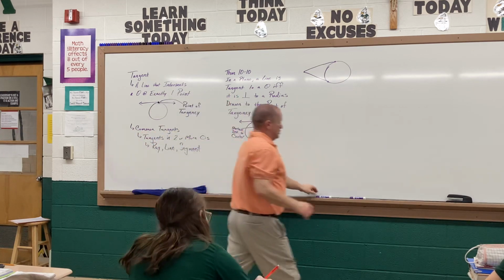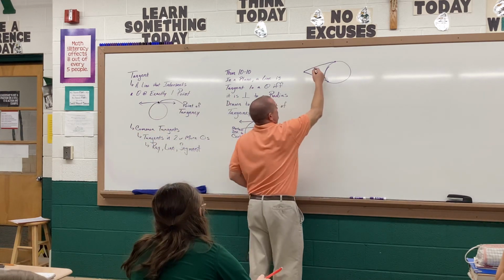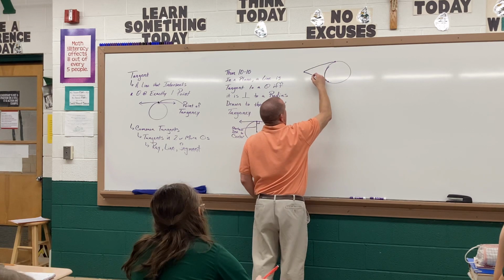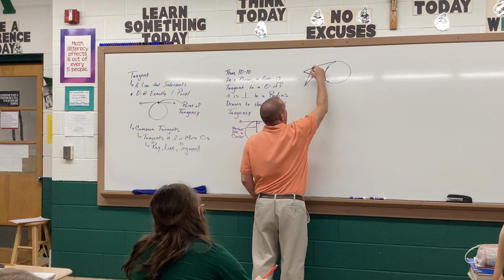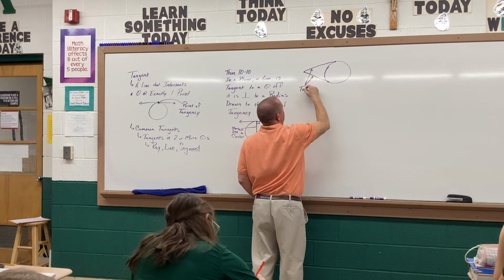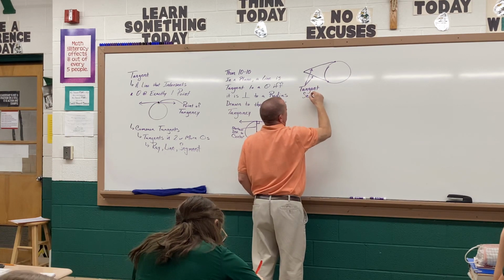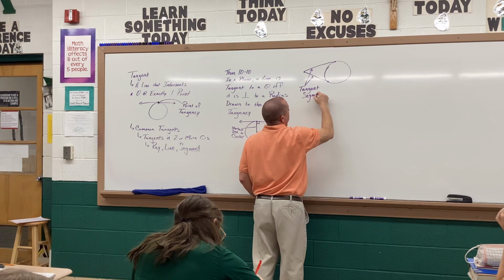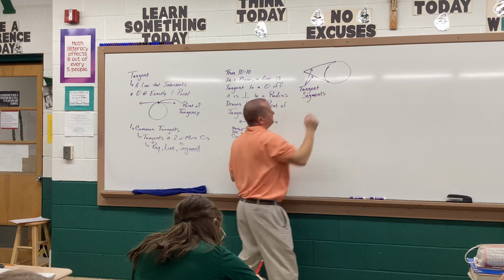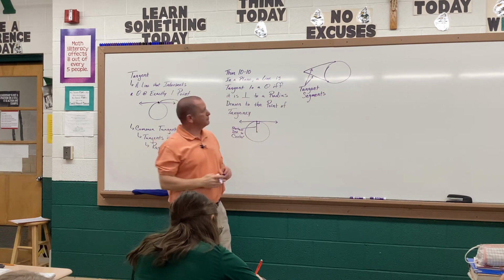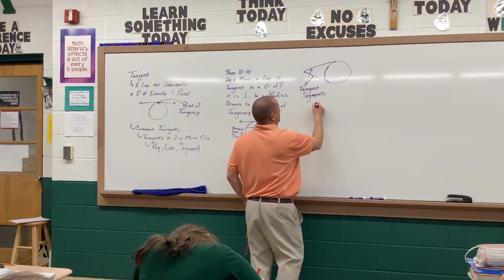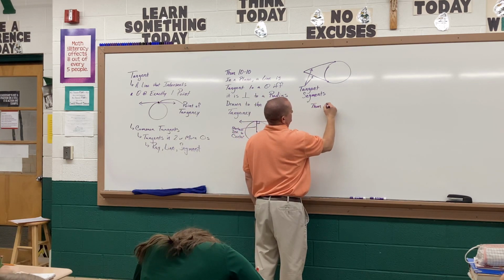Okay? So this theorem says this. These would both be tangent segments now. This and that are tangent segments. It still only touches the circle one time. And it comes from some random point, so it leads us to theorem 10-11.